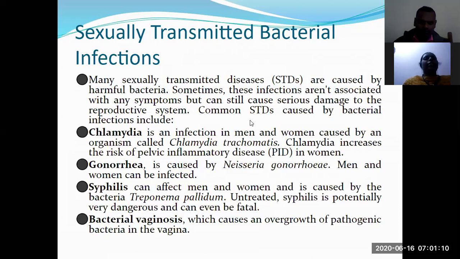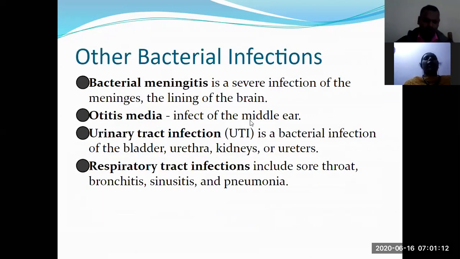Next, some examples of bacterial infections include bacterial meningitis, which is a severe infection of the meninges, that is, the lining of the brain, that results in pneumonia and fever. Then otitis media, which infects the middle ear. Then urinary tract infection is a bacterial infection of the bladder, urethra, kidneys, or ureters. Then respiratory tract infections include sore throat, bronchitis, and sinusitis.